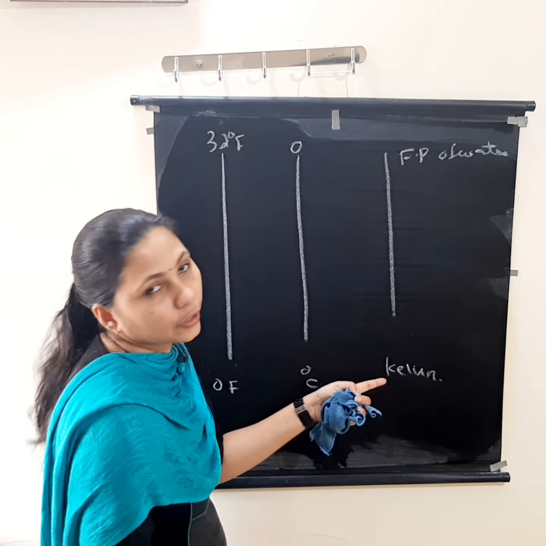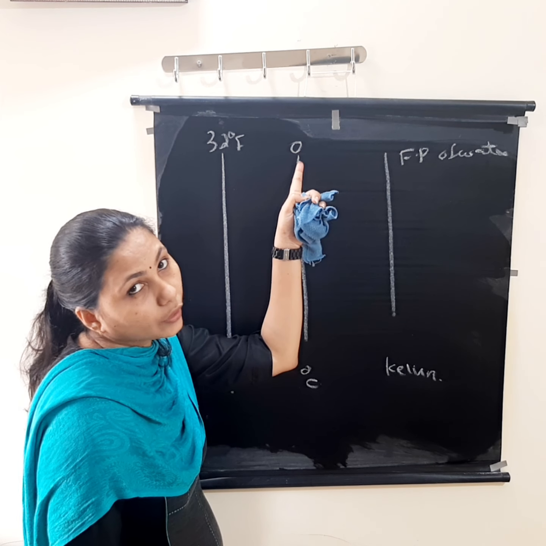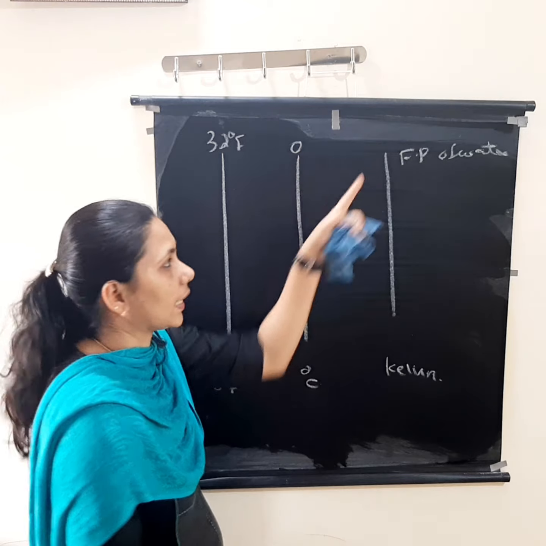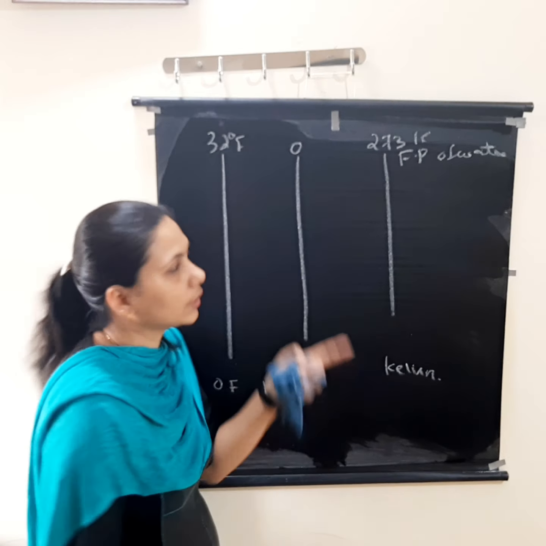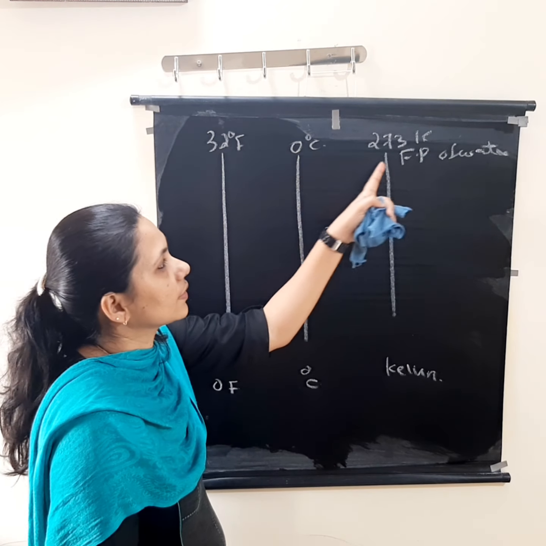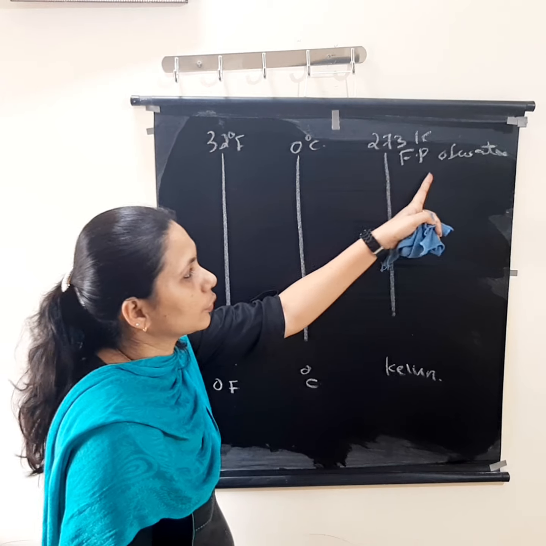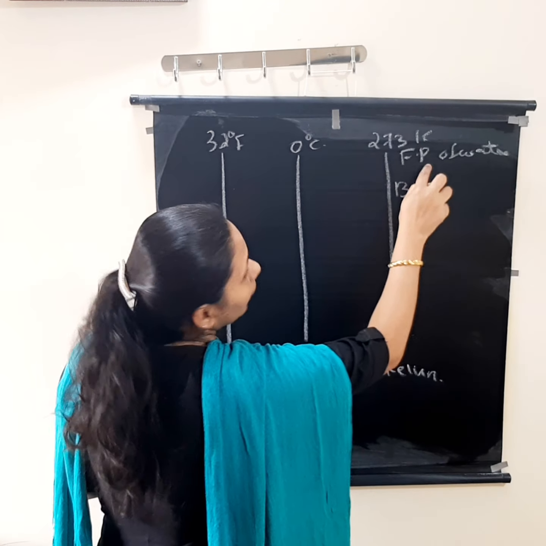Then what is the value in Kelvin? We know 0 degree Celsius, converting to Kelvin we have to add 273. Same 273 in Kelvin scale, 273 Kelvin. So this is in degree Celsius, this is in Fahrenheit, and this is in Kelvin scale, the freezing point of water.